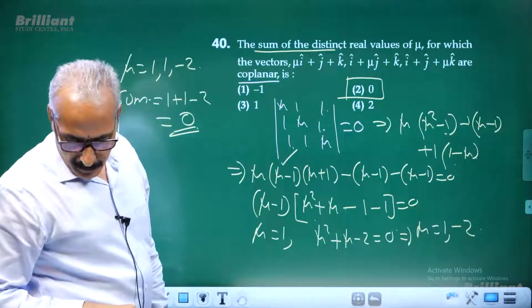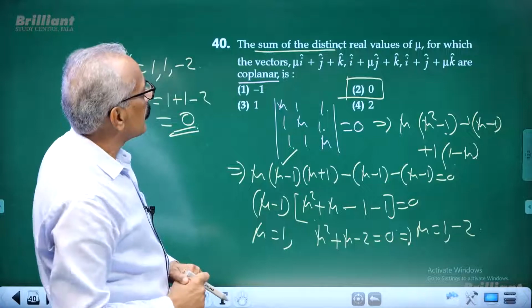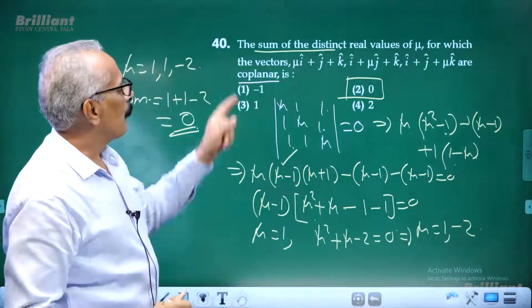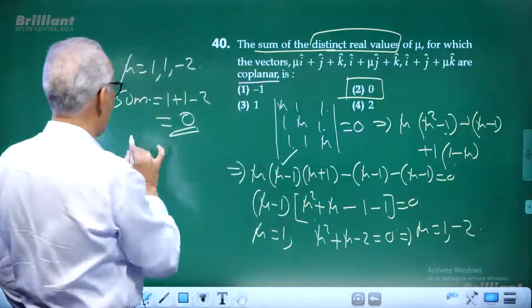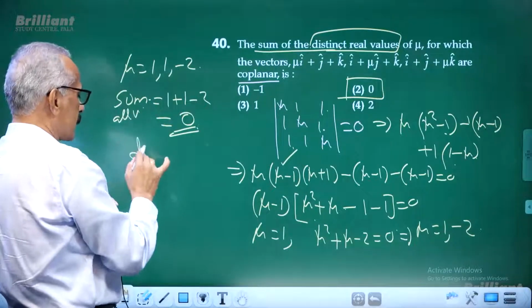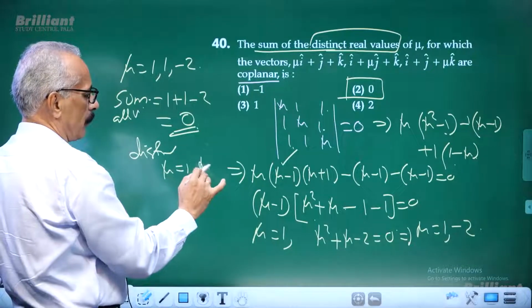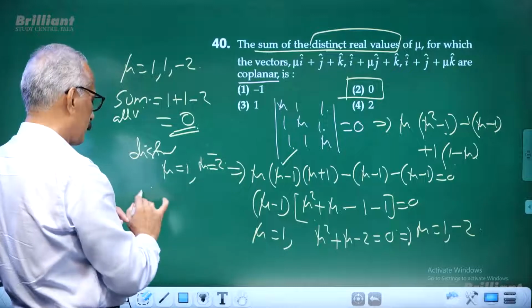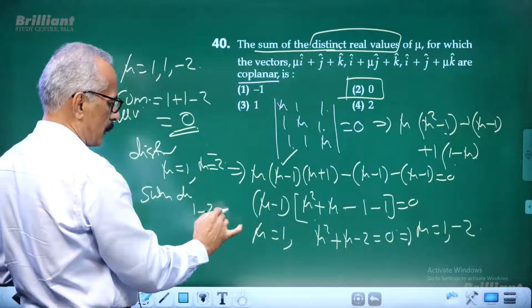So the answer will be 2, right? Is it distinct values? Sum of distinct real values means distinct is there. Distinct means mu is equal to 1, mu is equal to minus 2. Therefore, sum of distinct values will be 1 minus 2, that is minus 1.